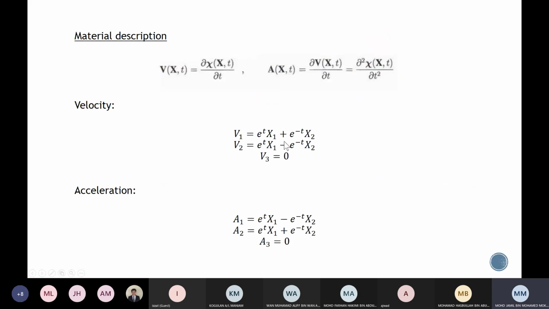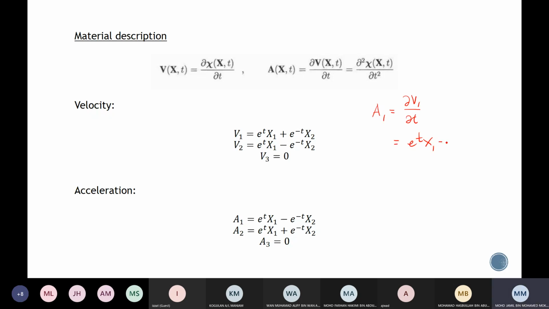So that's why here you get this answer. And then to get the acceleration, simply differentiate the velocity with respect to time. So here a1, del v1 del t. So you get e^t x1.